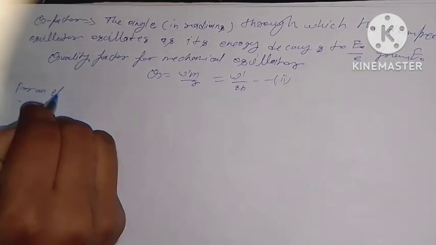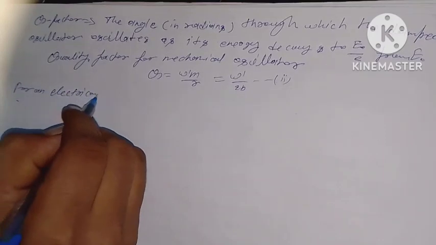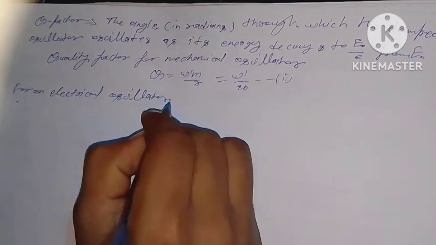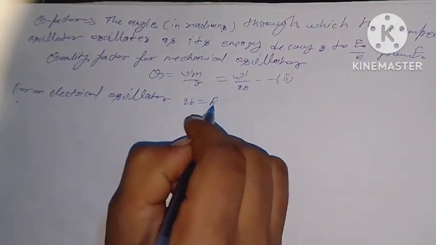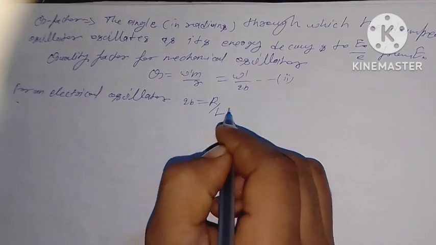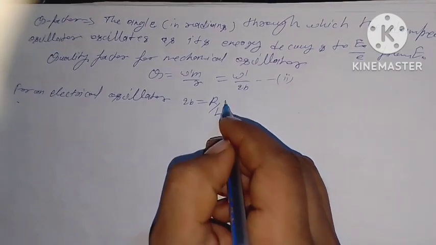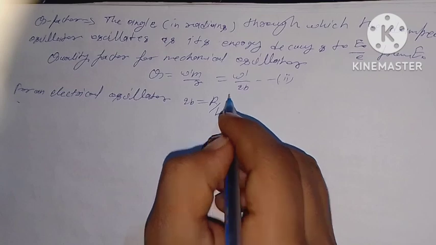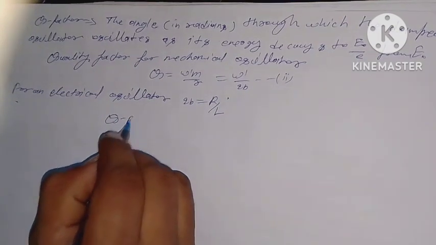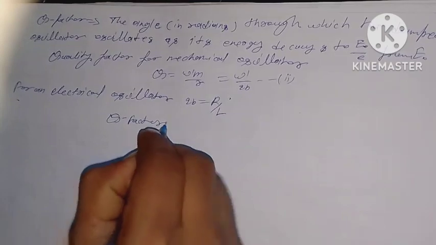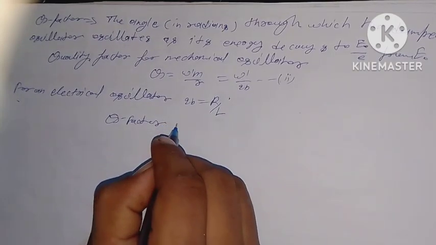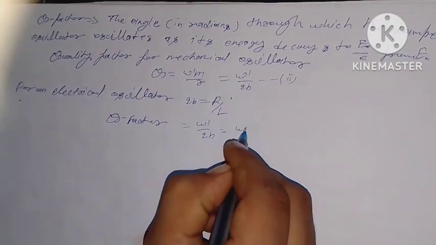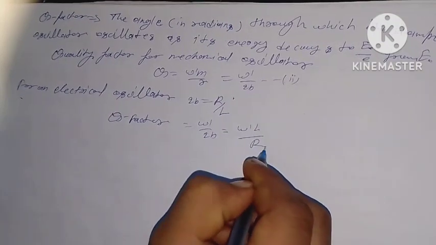For an electrical oscillator, 2b equal to R by L, where L is the inductance and R is the resistance of the electrical circuit. Then the quality factor for an electrical oscillator is omega dash by 2b equal to omega dash L by R.